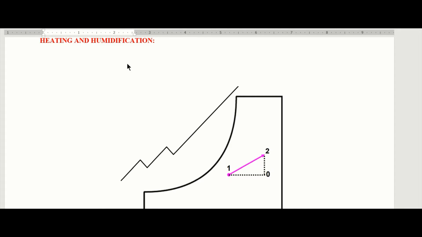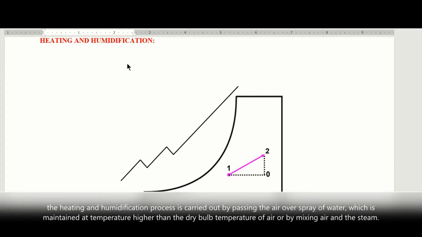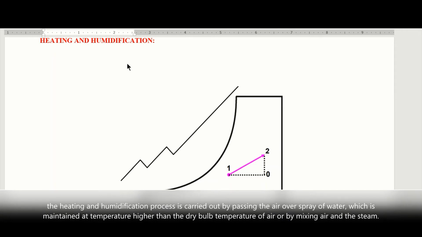And also, the heating and humidification process is carried out by passing the air over a spray of water, which is maintained at a temperature higher than the dry bulb temperature of air, or it can be done by mixing air and steam.